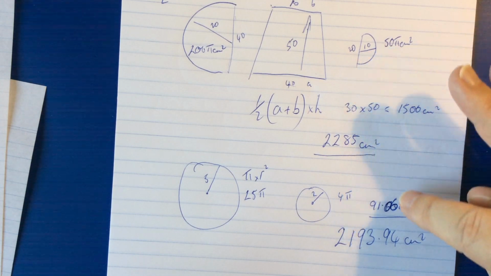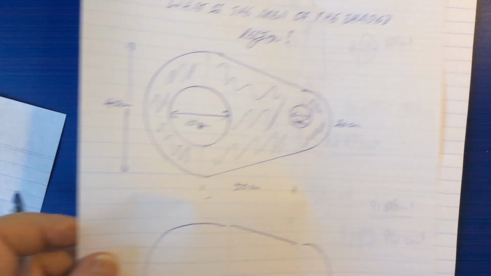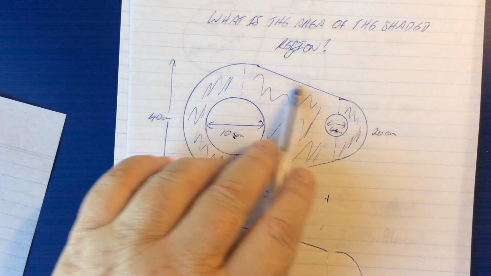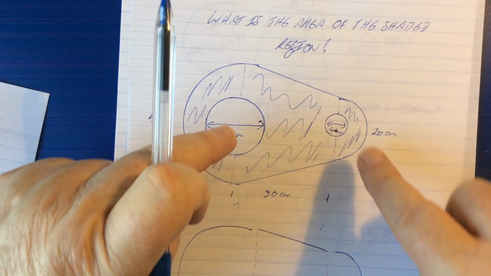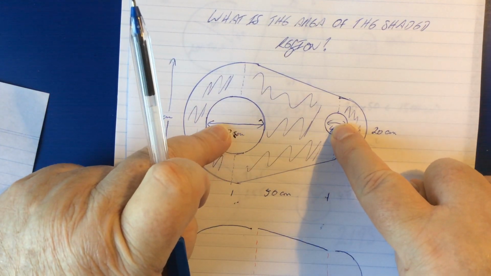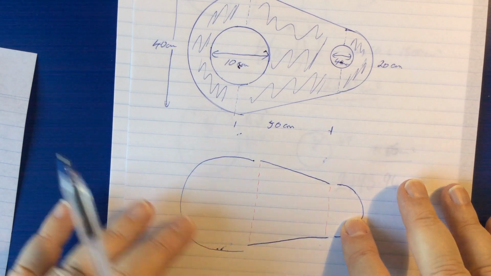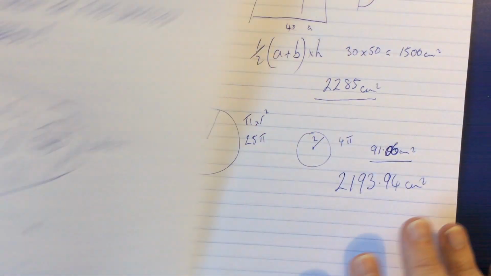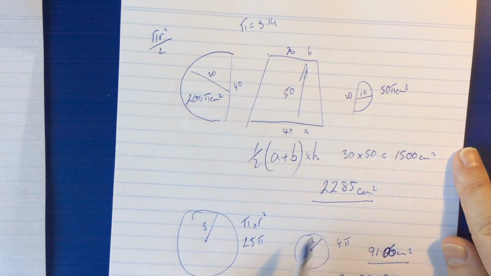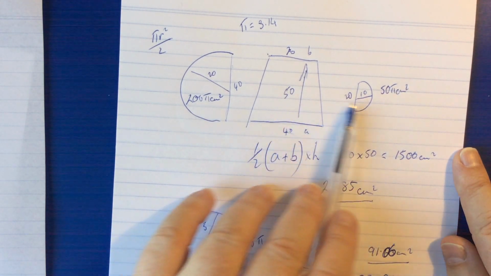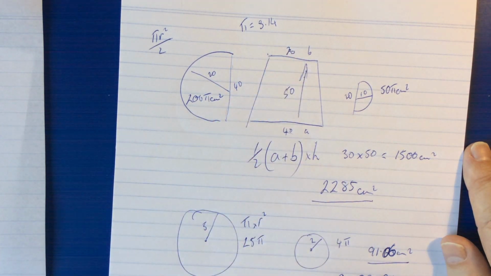That minus that. Let me go back to the original drawing. It is the total area, including these, then minus the area of those two. We break the problem up into its parts and find the requisite areas, which is what I did up here. That's the total area of these shapes put together, using 3.14 as pi.